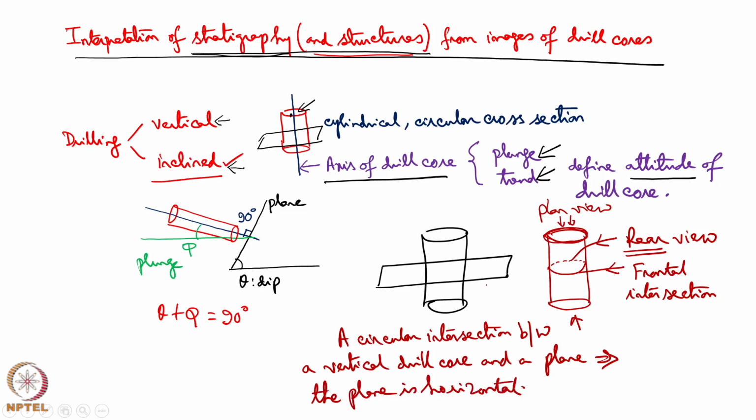So this statement is true only when the drill core is vertical. Now we are going to look at the inclined drill core and see how far this concept can be extended there.